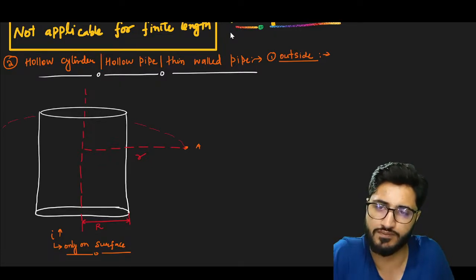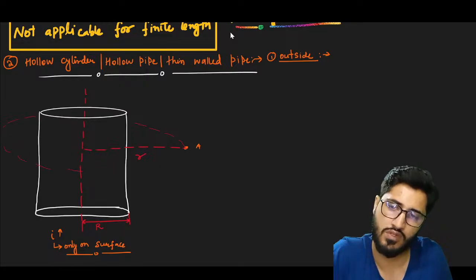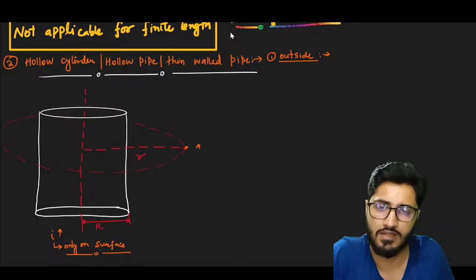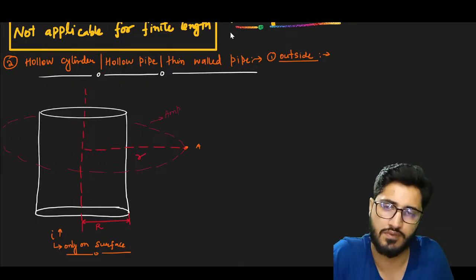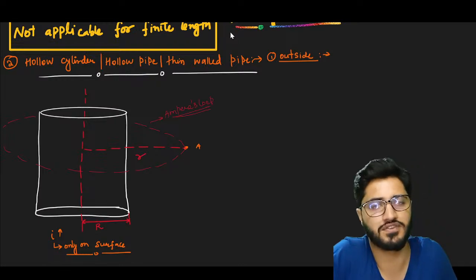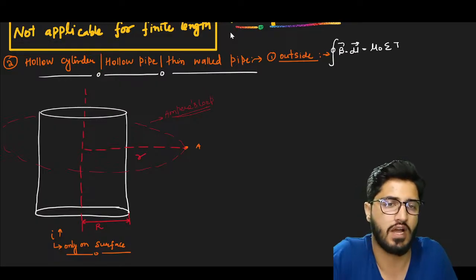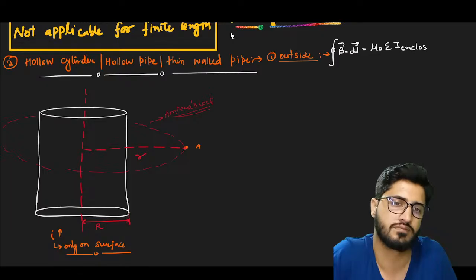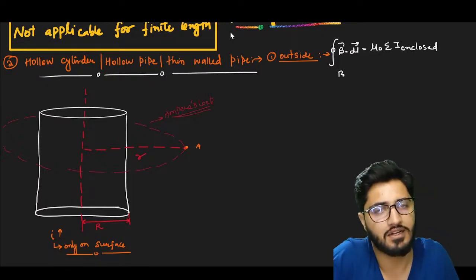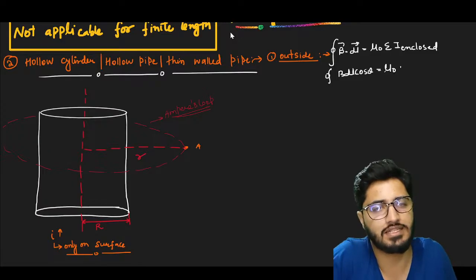This is my loop, Ampere's loop. Now I will write the equation: integral of B dot dl equals mu naught summation of I which is enclosed. Which is B dl cos theta integration equals mu naught times the inside current I.